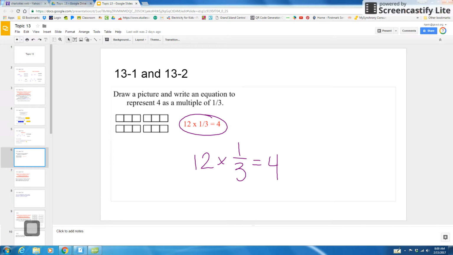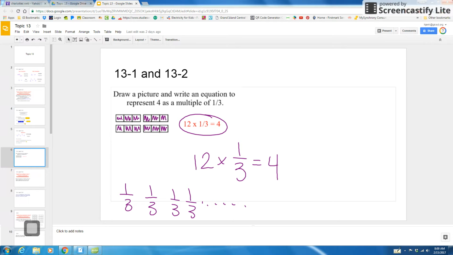So they're saying that we have 12 1/3. This would be like saying I could write out 1/3, and I'm not going to do it, but I could do that 12 times. Or I can shade 1, 2, 3, 4, 5, 6, 7, 8, 9, 10, 11, 12 1/3 fraction strips.